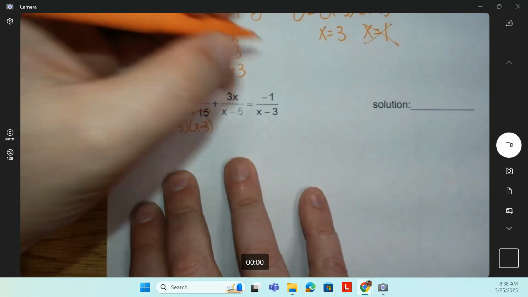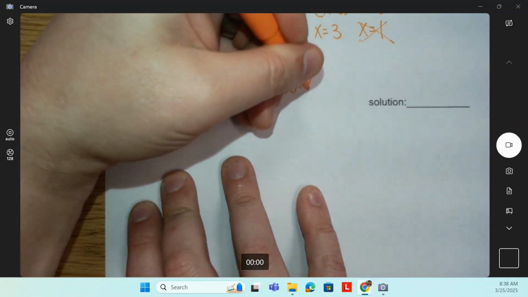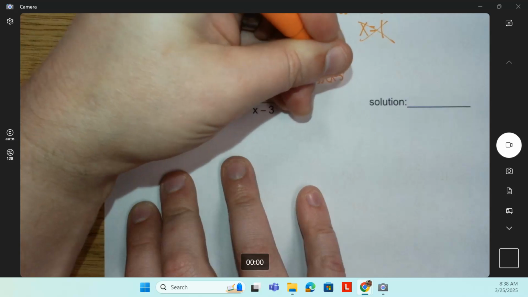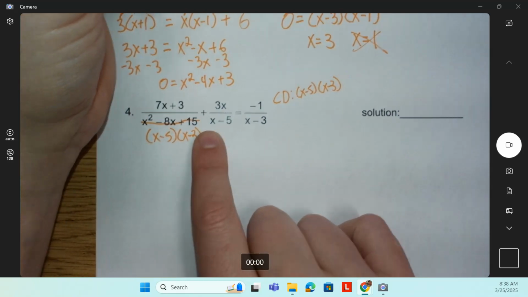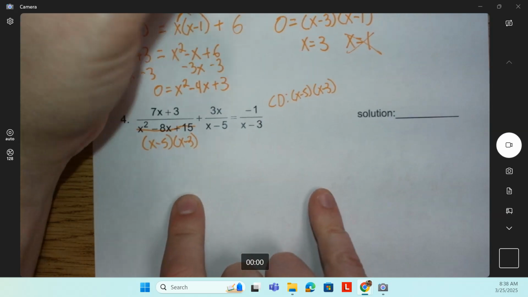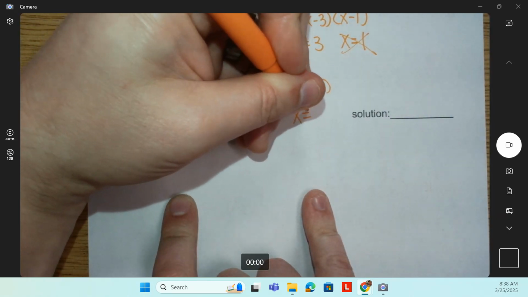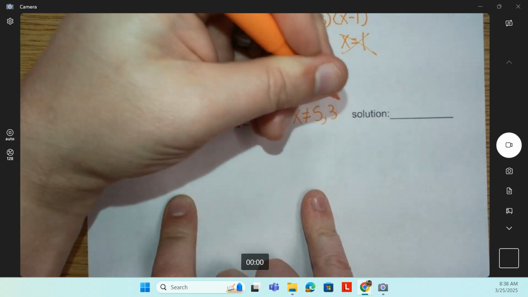So finding my common denominator, I have x minus 5, x minus 3. And that's there. I have an x minus 5 there, and x minus 3 there. So it's just those, which means x cannot equal positive 5 or positive 3.